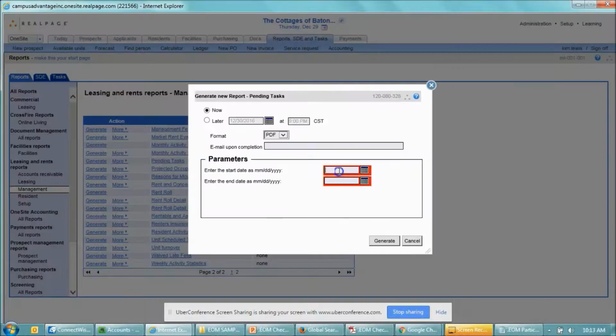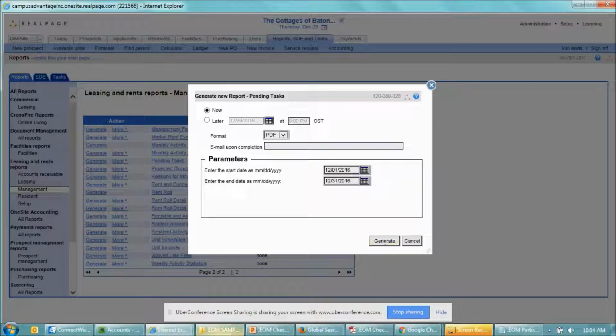So we'll put that in here as 12/1/16 and 12/31/16. Oh, there's not 13 months. There we go. All right, so once we do that, we'll hit generate.